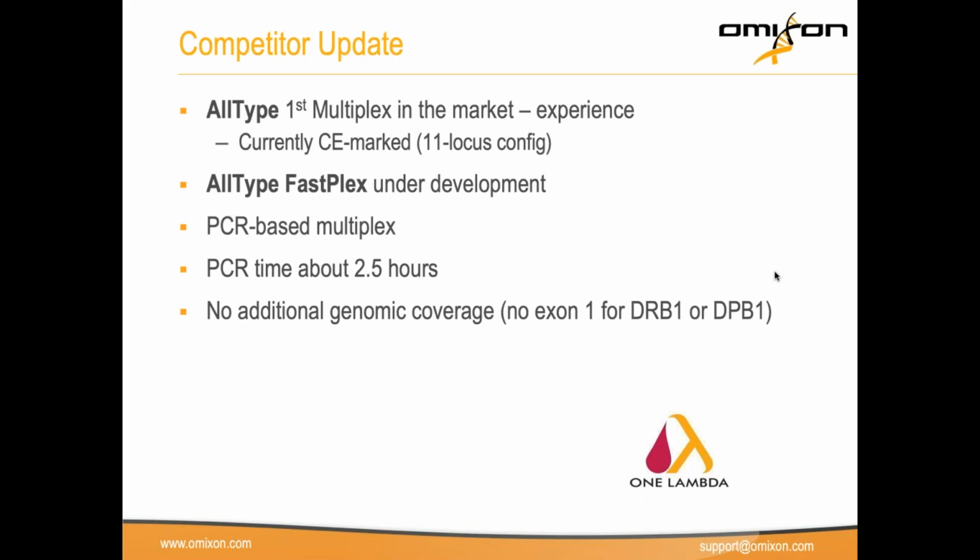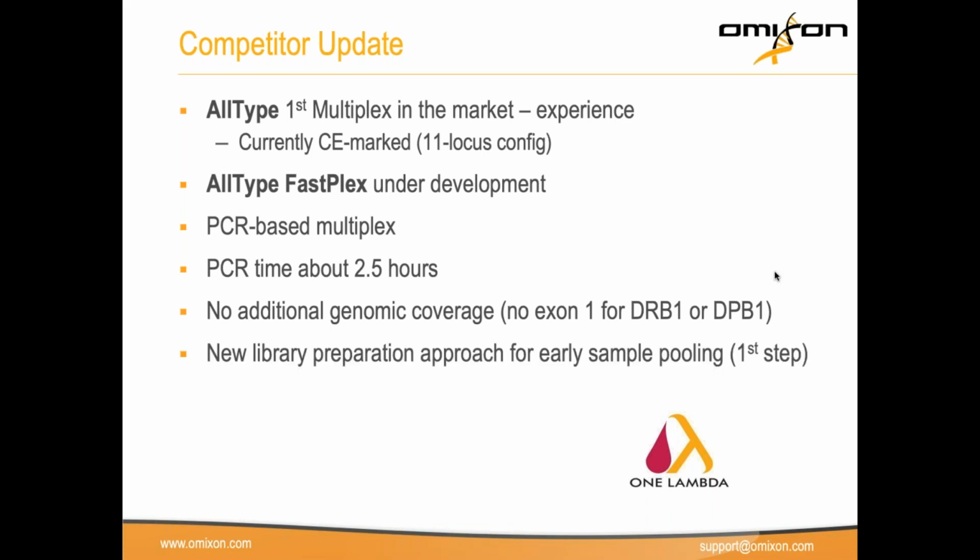As far as we know, there is no additional genomic coverage, so no exon 1 for DRB1 or DPB1. Again, all of this may be subject to change. This is the current information that is available. However, they will be using a new library preparation approach that will allow for very early sample pooling in the first step of the library preparation method, which means that essentially the entire post-PCR workflow will be quite simplified, which is quite nice.